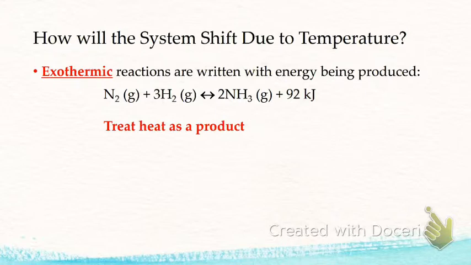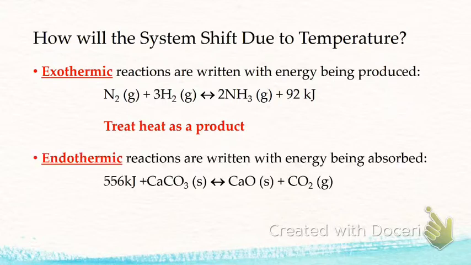So in an exothermic reaction, if we're treating heat as a product, what are we going to treat an endothermic reaction as? As a reactant. So if we are treating these things as a reactant or a product, we can go to that whole thing of if I increase it, it shifts away from it. So if I'm increasing the concentration of my heat, it would shift away from it.